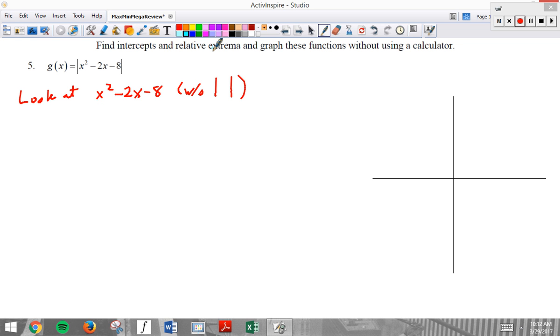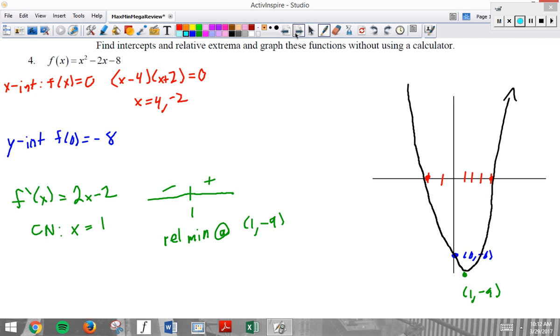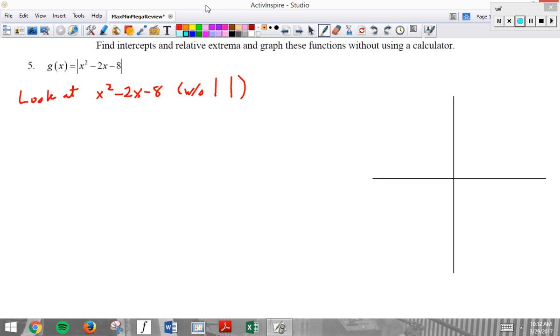So this guy would have the one we just did, right? So in red, I'm just going to copy the exact graph we just did. It was intercepting at -2, 8.